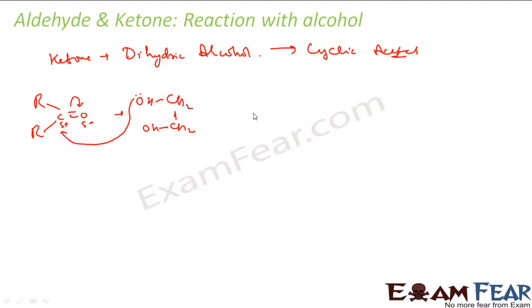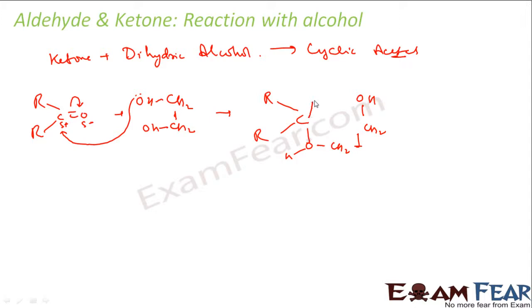So with this, what you get is R, C, R. This bond breaks, positive and negative. There's oxygen here, H here, CH2, CH2, OH. And this is O minus. Now, since the bond broke and oxygen gave electron to this carbon, oxygen gets partial positive charge.